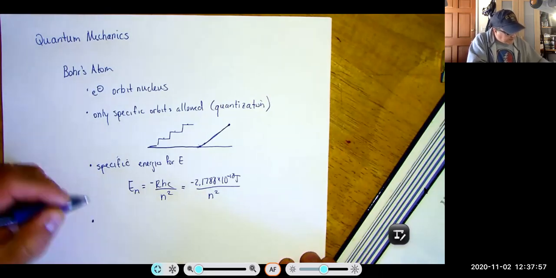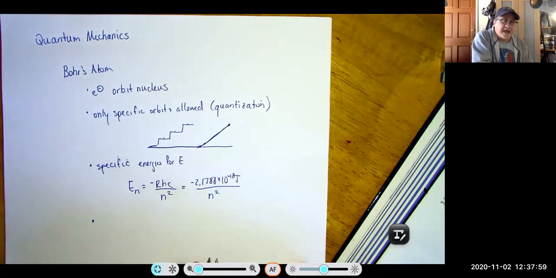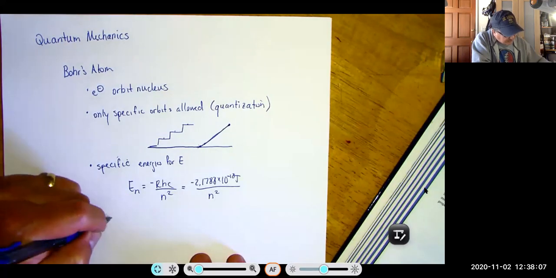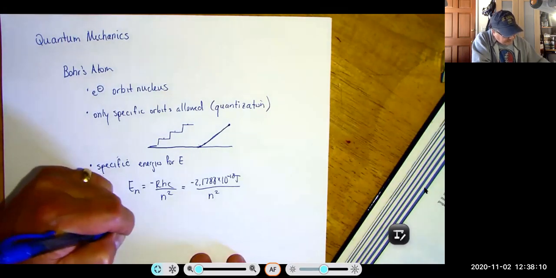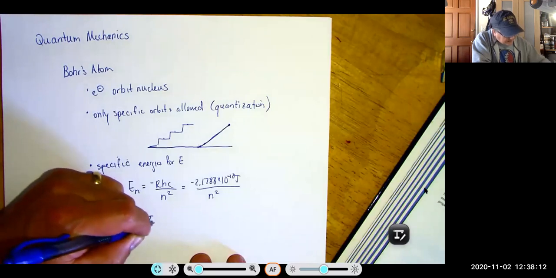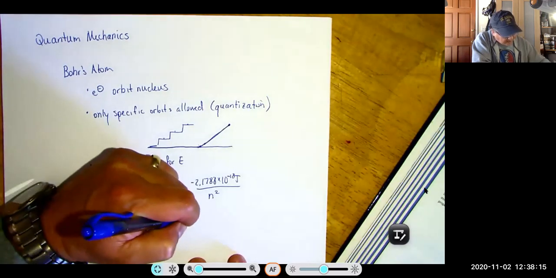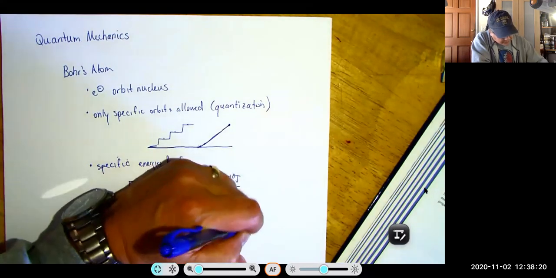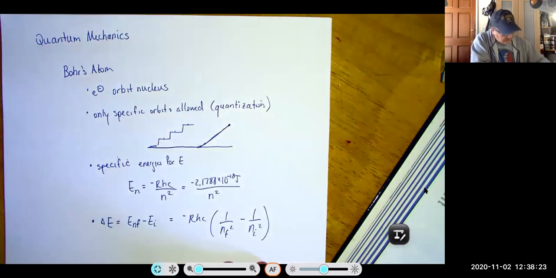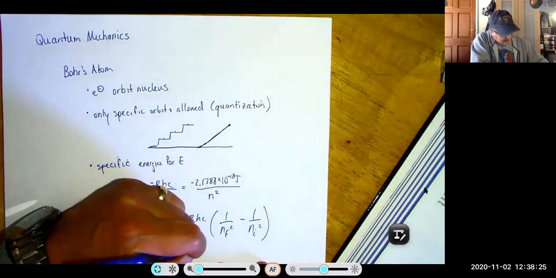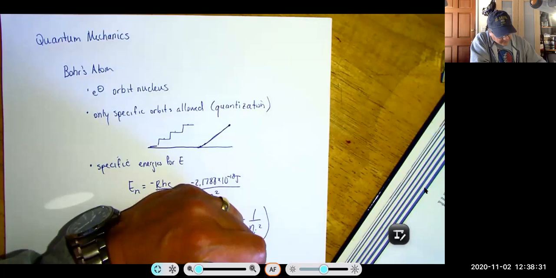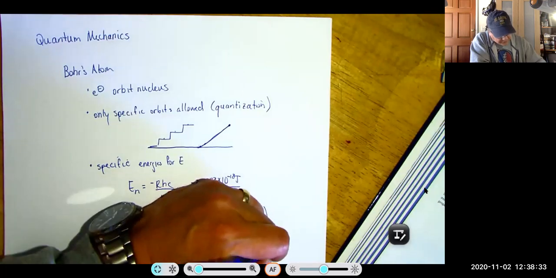And then Bohr also said that atoms can emit energy or absorb energy if you have a change in E. So if you have a change in E, that's E final minus E initial, and that ends up being minus RHC times 1 over n final squared minus 1 over n initial squared, or negative 2.1788 times 10 to the minus 18 joules times 1 over n final squared minus 1 over n initial squared.